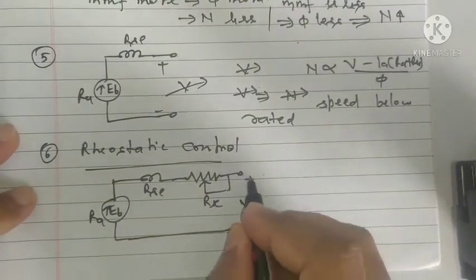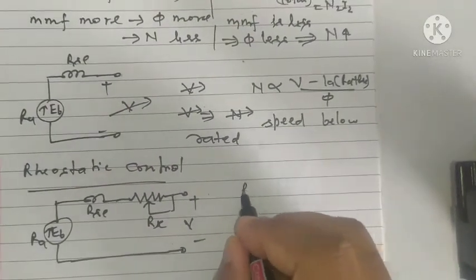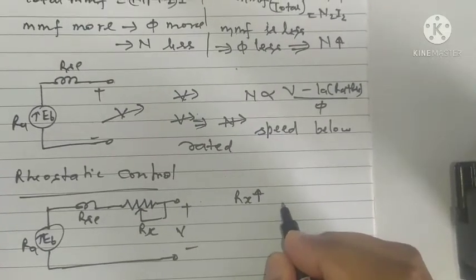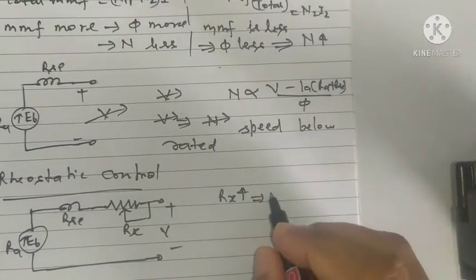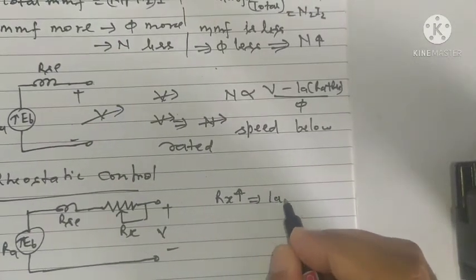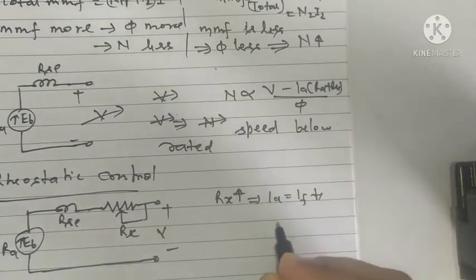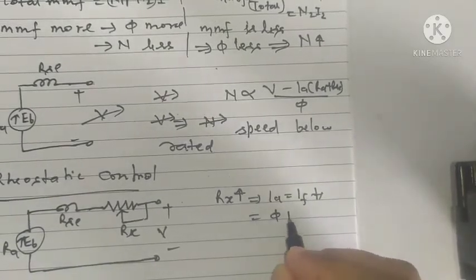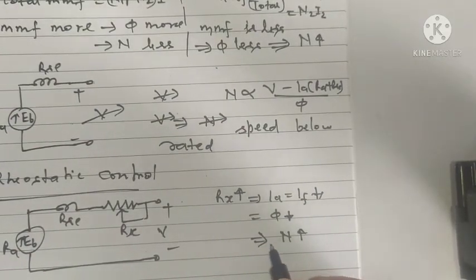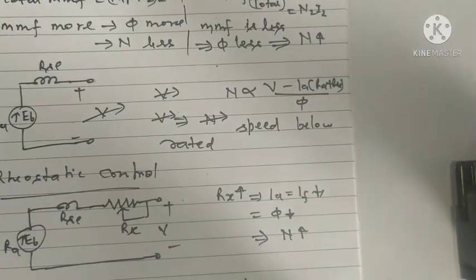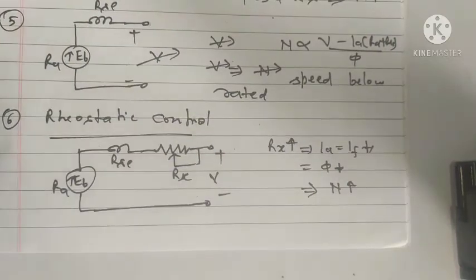Supply voltage. So in this case, as Rx increases, we know that current will decrease. Armature current, that is field current, will decrease. So it will cause a decrease in flux, therefore speed will increase. So this is how the speed of a series motor can be controlled.